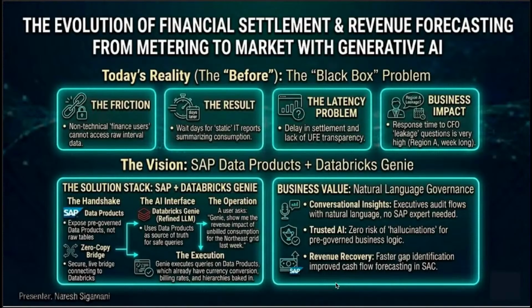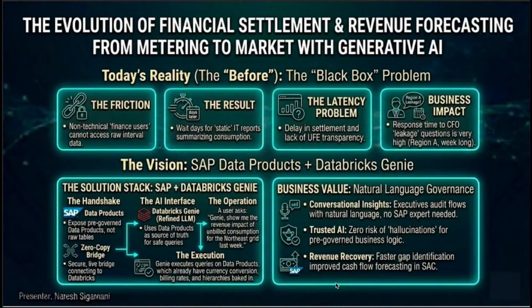The result is massive settlement latency. If a CFO asks why leakage is spiking in a specific opco, it takes a week of manual forensic accounting to find the answer. The solution is the handshake between SAP data products and Databricks Genie.